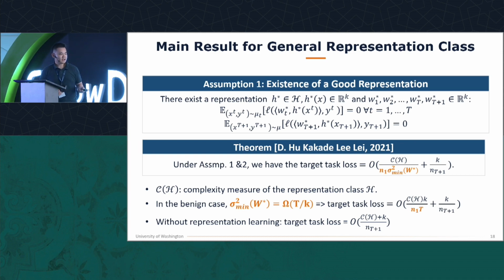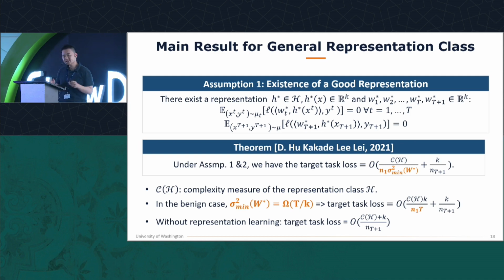In the benign case, again, this least singular value squared can be t over k. So we have this kind of bound, and you can compare it with the bound without using representation learning. Again, we improve the denominator from n_{t+1} to n1 t. It is a big improvement when the number of data in the source domain is much bigger than the number of data in the target task.